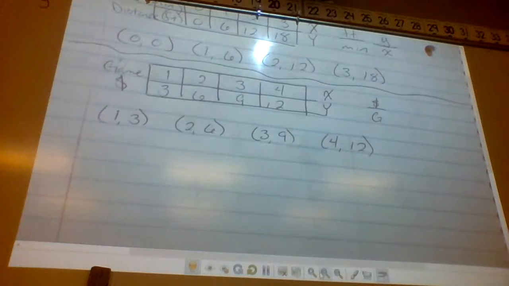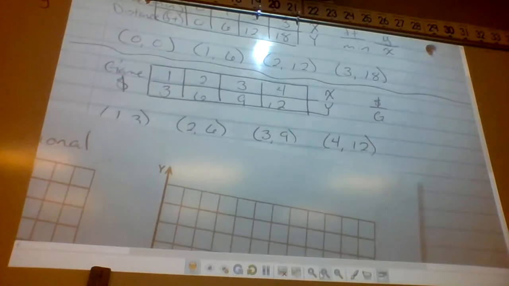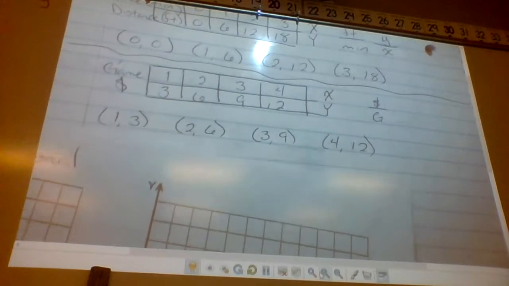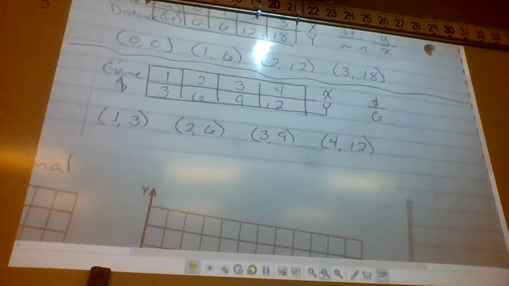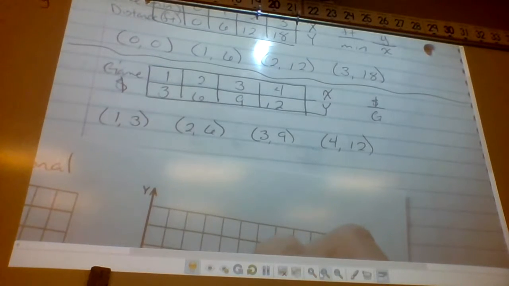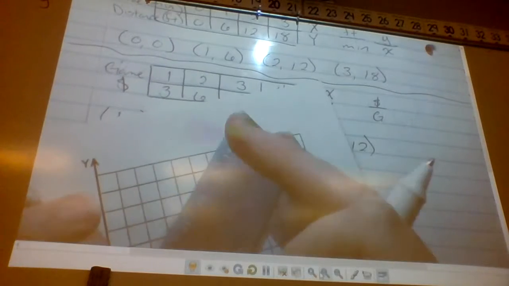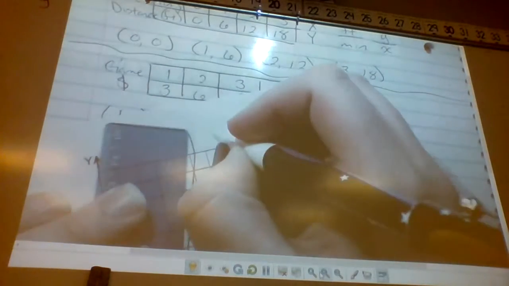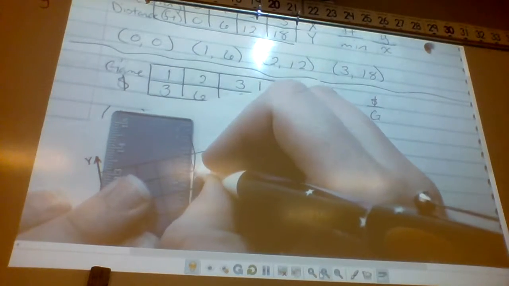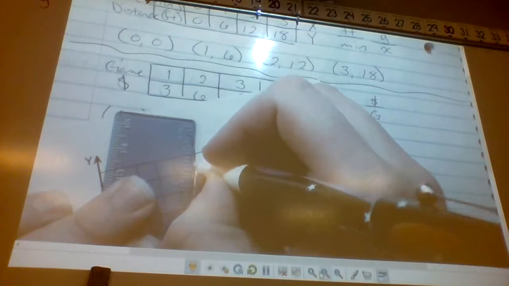Can you graph those? Yeah. Let's go ahead and graph those. On the second one over, just graph it. What I say is do not just connect the dots.